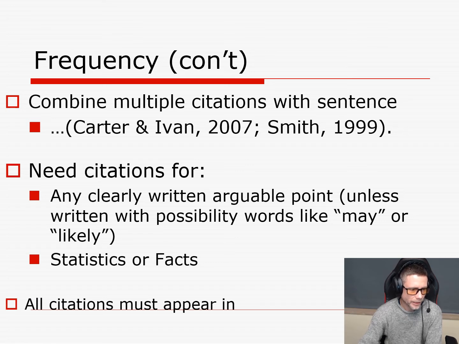But definitely for any types of statistics or facts or arguable point, you should have an APA in-text citation. And then every in-text citation that you have in the body of your work, whether it's a discussion assignment or a presentation, needs to be in the APA reference list at the end.